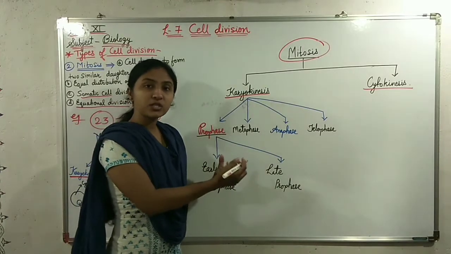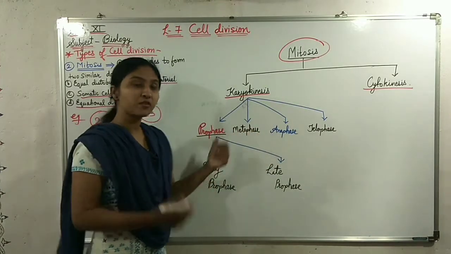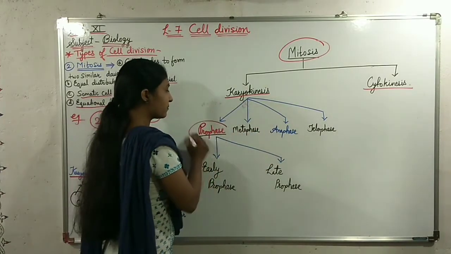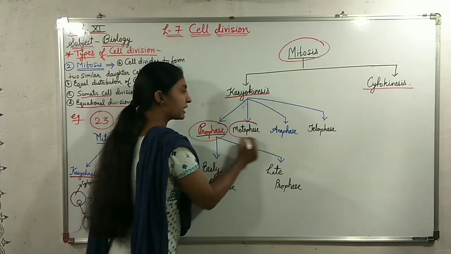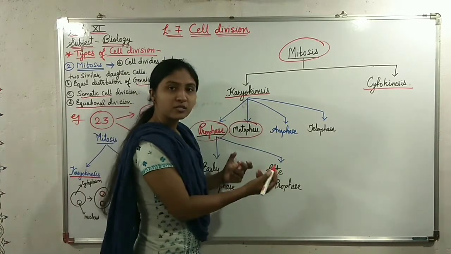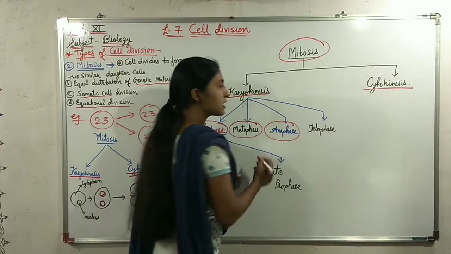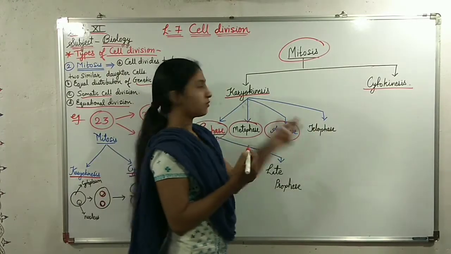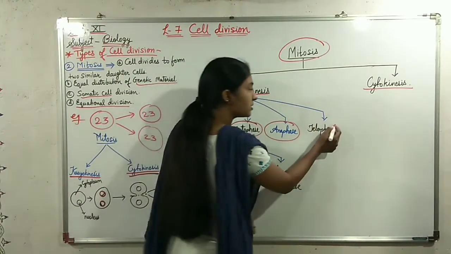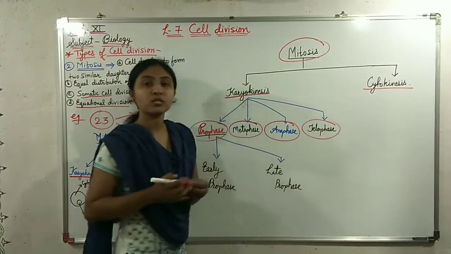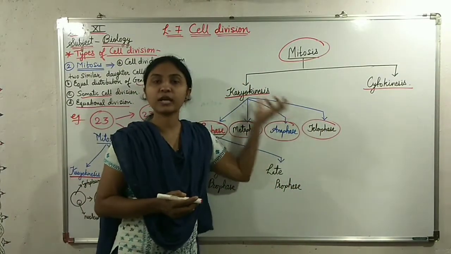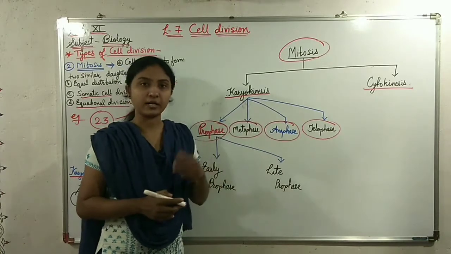These are the sequential phases, starting from prophase, metaphase. Metaphase is followed by anaphase, and the last phase of the karyokinesis process is the telophase. So these are the 4 phases in which the karyokinesis process is divided.